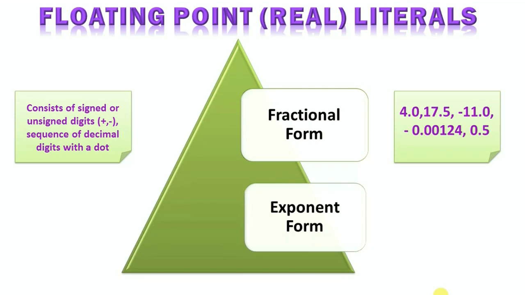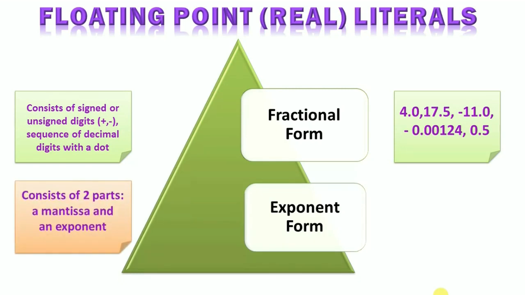Next we have, in floating point, the exponent form. A real literal in exponent form consists of two parts, a mantissa and an exponent. The mantissa must be either an integer or a proper real constant.